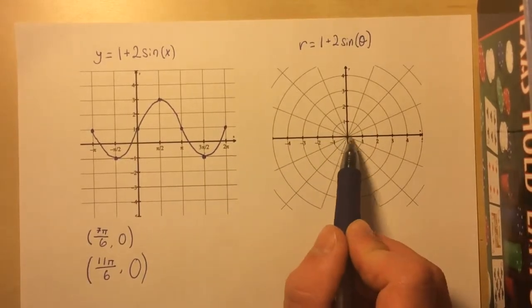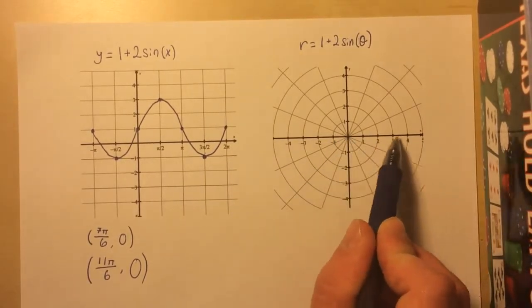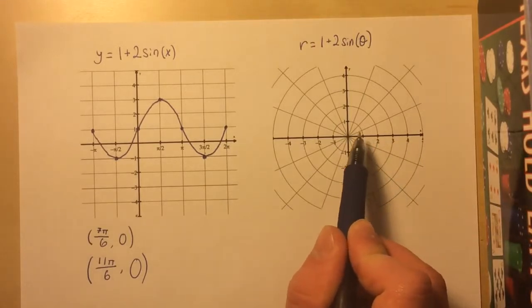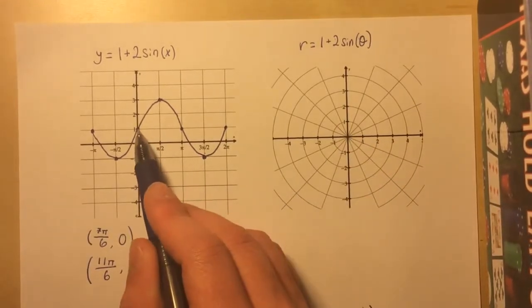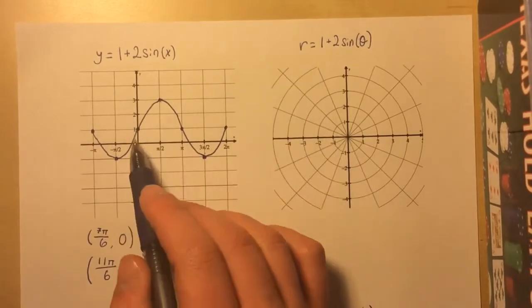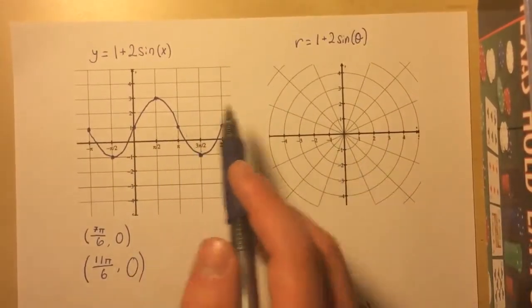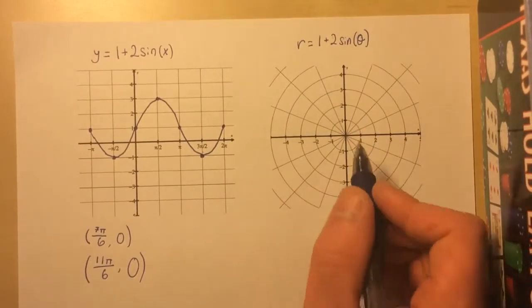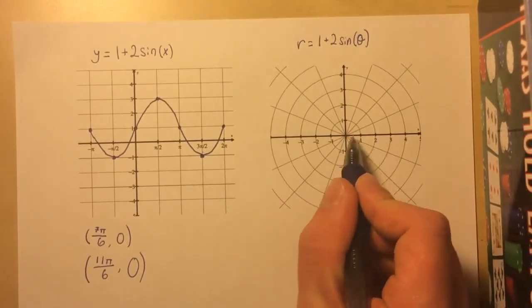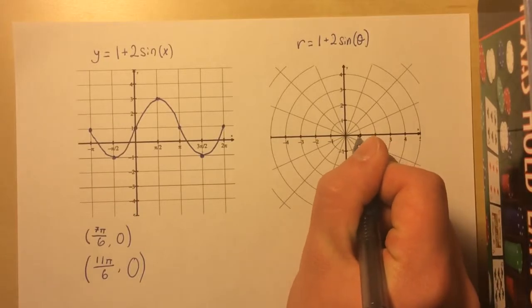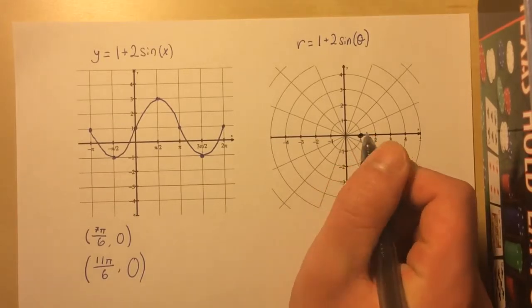So 0 corresponds with this axis right here. At 0, we have a value of 1, which in this case is y, but we're going to look at it as r in the polar. So r equals 1 when theta equals 0. This is the angle theta equals 0, and we're just going to put a dot right here where our r is going to be.